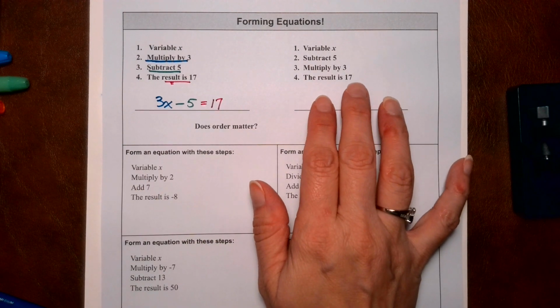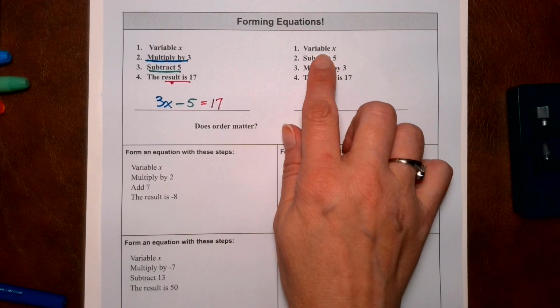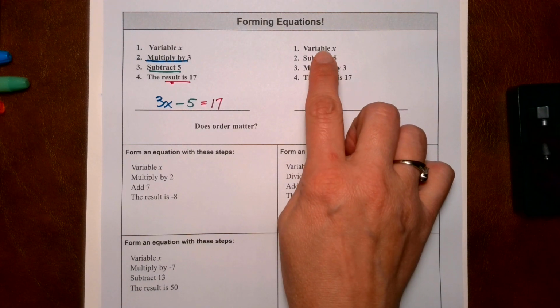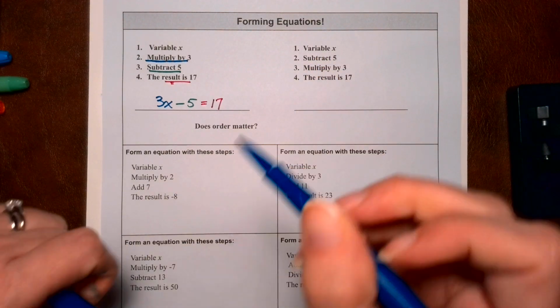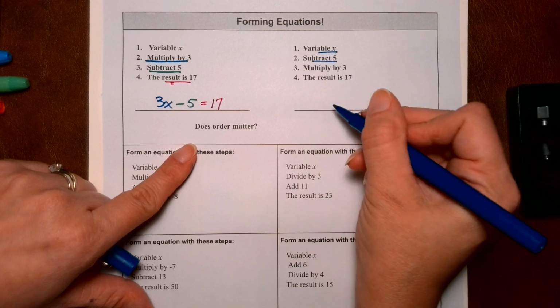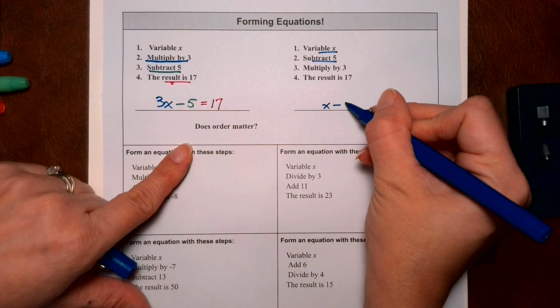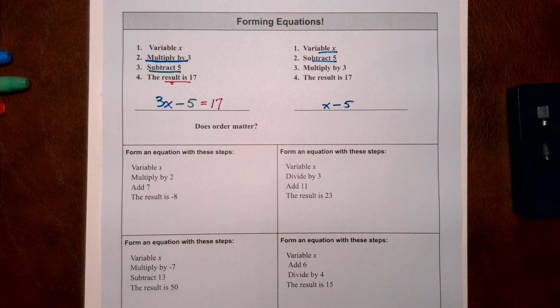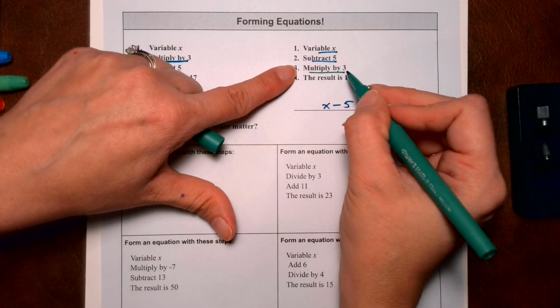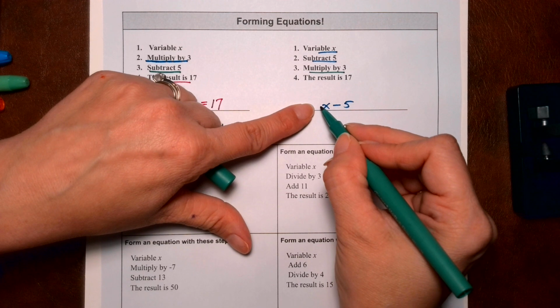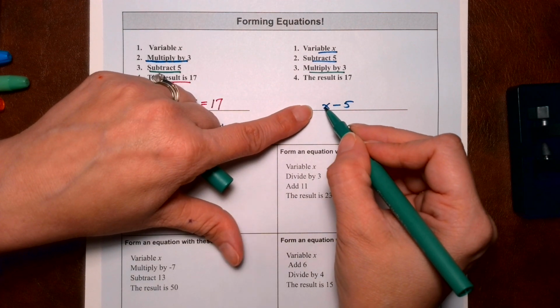What about if I did it a different way? What if we took variable x, and the first thing we did was subtract 5. Variable x, subtract 5. The third step says multiply by 3. I can't just put the 3 in front of the x.